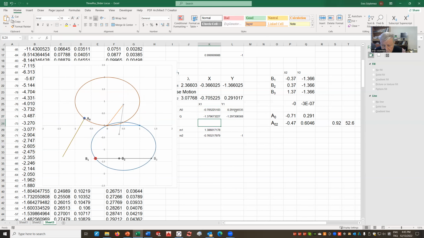The Y value, Y1 is wrong. Sorry. I have changed this, right? Okay.